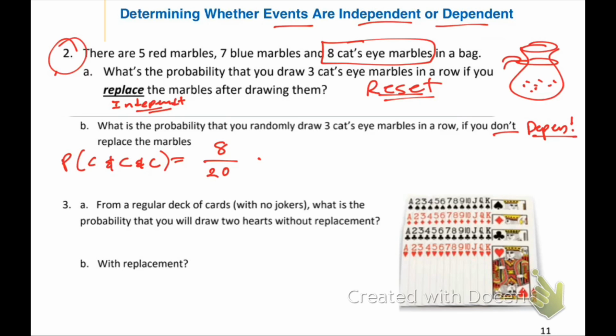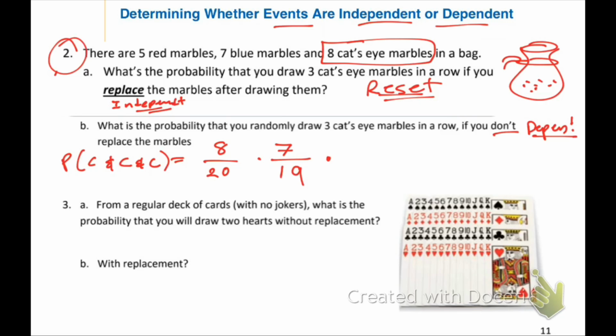That's the probability that I pull 1 cat's eye marble. Well, remember with conditional and dependent probabilities, we assume that we actually get what we want. So assuming I got it, how many cat's eye marbles are left in the bag? Well, 7, because I pulled one out. How many total marbles are left? Well, 19. So that's the probability that I pull a second cat's eye marble.